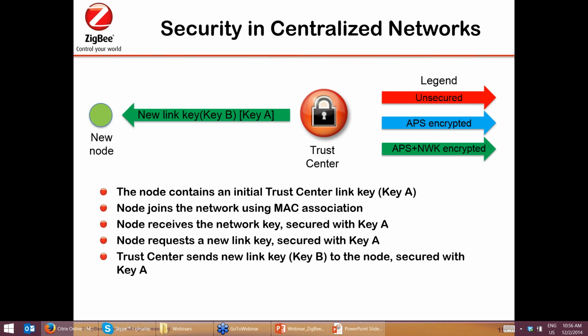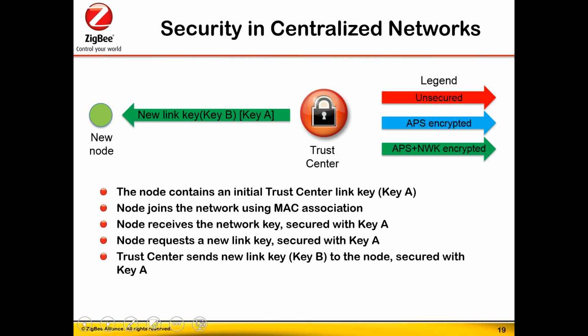So also we have this ability for installation codes as well. Every device will support installation codes, and that's a number that you can use on both devices, on the new node and on the trust center itself, and use that unique number to derive a unique link key. You put that on the node, you put that on the trust center before you decide to join the network, by some out-of-band mechanism, and then you can use that for your initial link key as well.